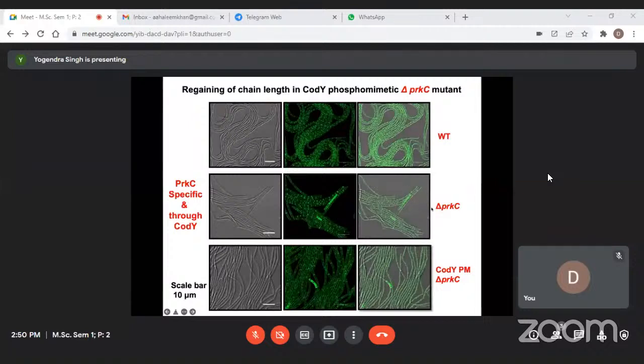Then we knocked out the gene, this kinase, protein kinase C, and you can see short chains. We complemented, and again we got the long chains. So I'm trying to say that these kinases and phosphatases, or phosphorylation, play a very important role in regulating multiple functions in the cell. Similarly, many other modifications of the proteins allow cells to regulate multiple pathways. That is how everything happens in the cell.